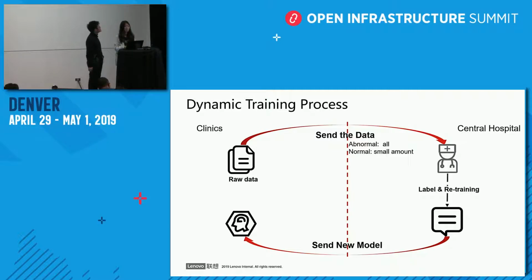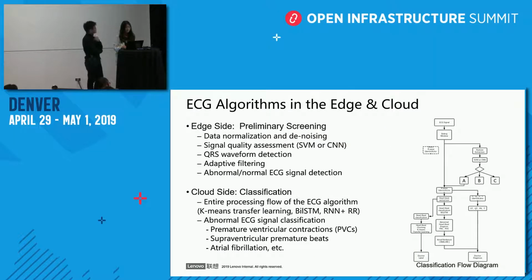And this will help evolve the models towards a more secure, more accurate one. About the data, in practice, the abnormal data may contribute more to our models evolving. So we send back all the abnormal data as well as a small amount of the normal data. This will help reduce the amount of data transmission.